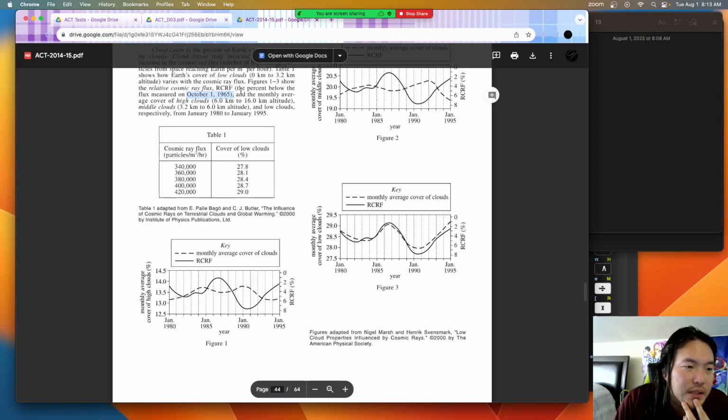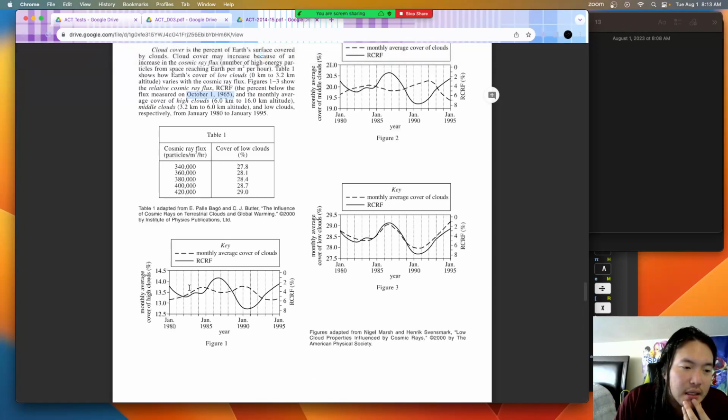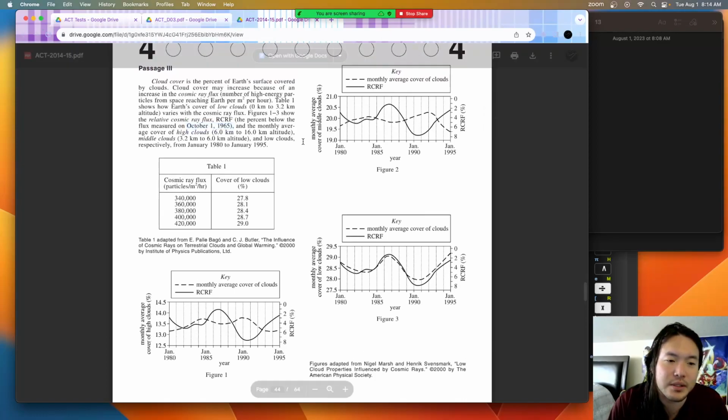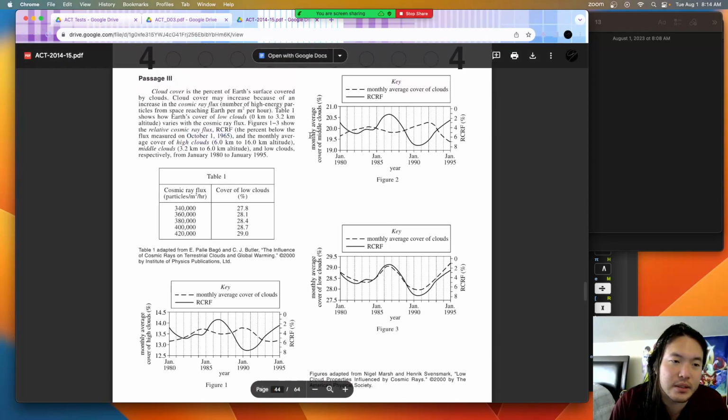Okay, so it sounds like for whatever reason on October 1st, 1965, there was a ton of cosmic ray flux, and the relative flux is measured as a percentage below that 1965 level. So here, this would be 2% below. Over here we have 7% below. It's not that complex. You don't need to think about this too deeply. I'm just trying to explain it to anyone that's curious, right?